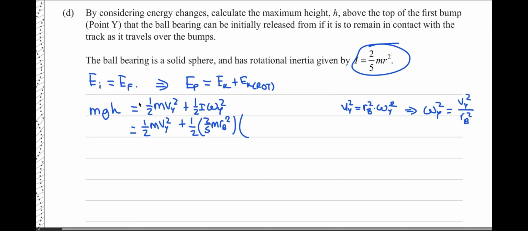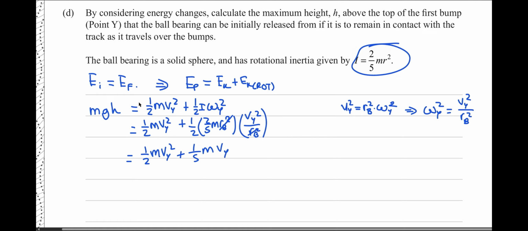And we can go ahead and directly substitute in this result. So vy squared over rb squared. And then let's start simplifying. So half m vy squared plus this will become 2 over 10, which is 1 over 5, and then m, and this rb and this one will cancel out the radius of the ball.